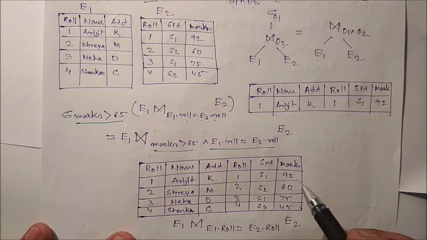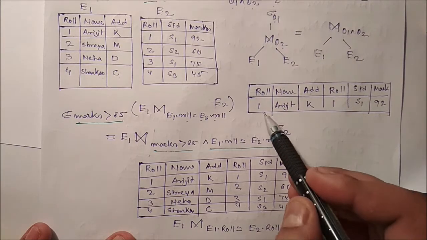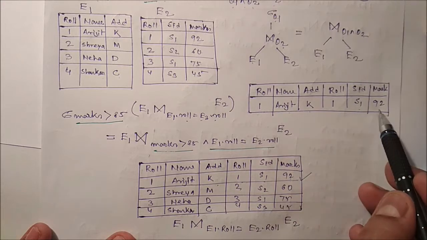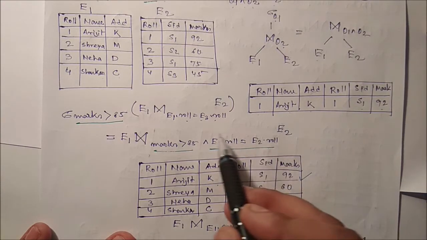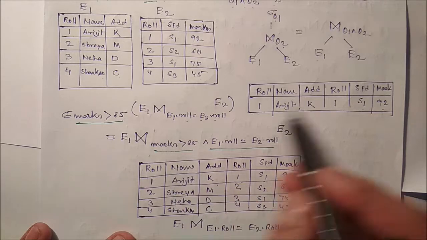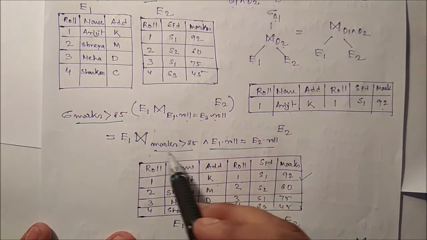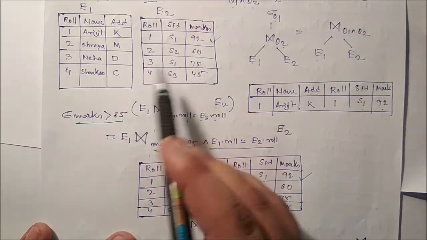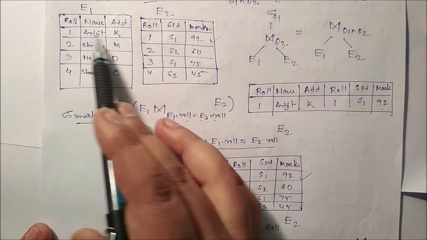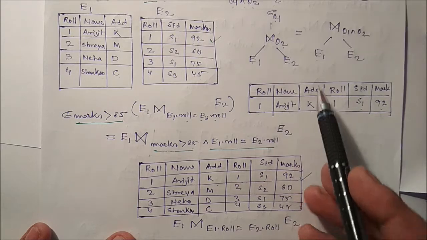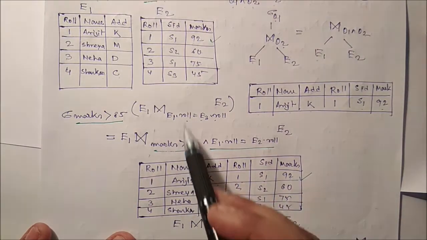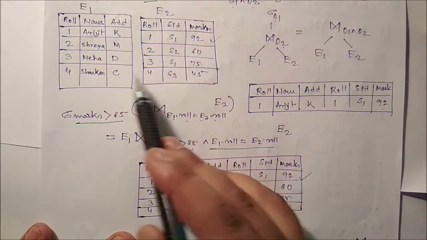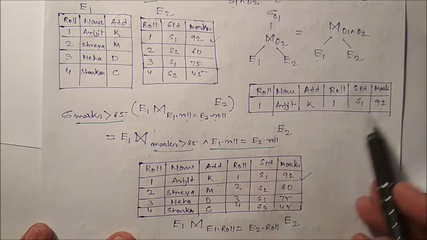Marks greater than 85 is only this one: 1 Arijit Kolkata 1 S1 92. Now if you apply both conditions together, we get the same result. Marks greater than 85 and the roll number should be the same. So if you merge these, definitely 1 Arijit Kolkata 1 S1 92 will be the output. That means we can say both these expressions are equivalent, because if the inputs are the same, we get the same output, the same result.